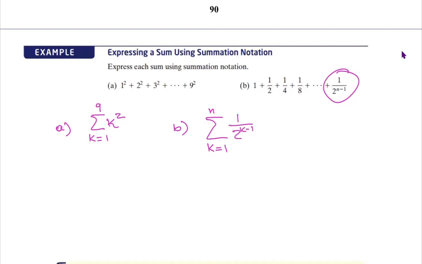When k equals 1, it's going to be 1 because that's 1 over 2 exponent 1 minus 1, and 1 minus 1 is 0. So that will be the 1. So that's the 1 we have, and so on.